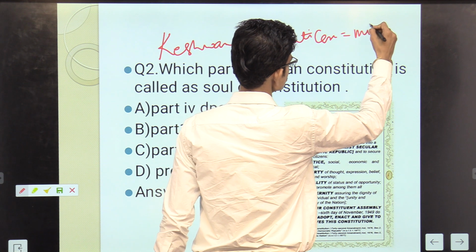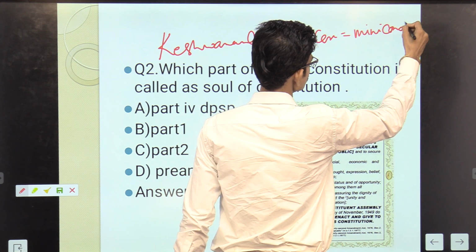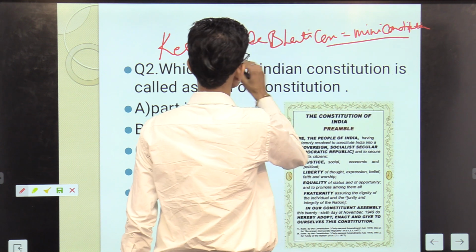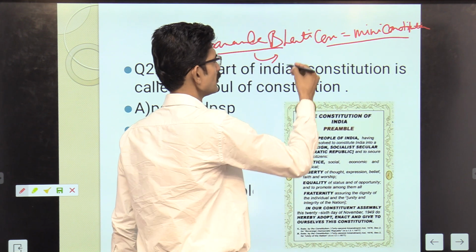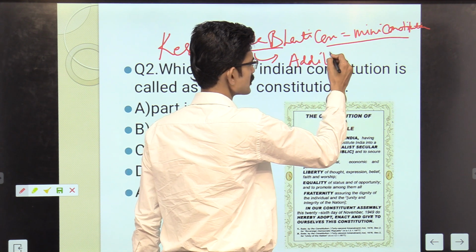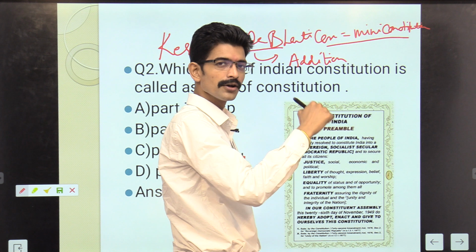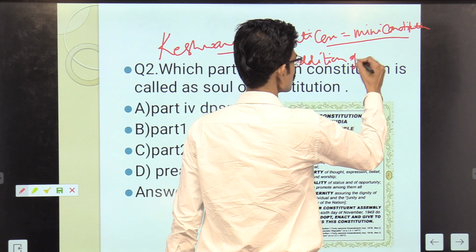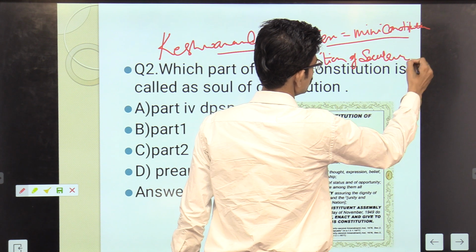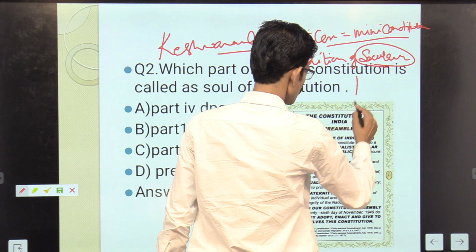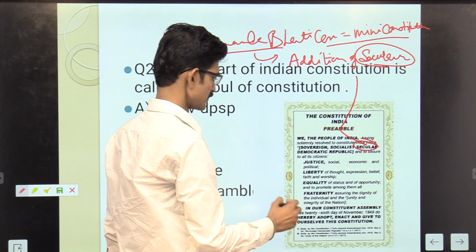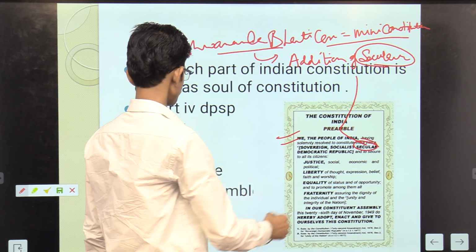It is called the Mini Constitution, and it led to the addition of the secular feature in the preamble of the Indian Constitution, addition of secular as a part of the preamble of the Indian Constitution. Okay, so it is added in the Constitution.